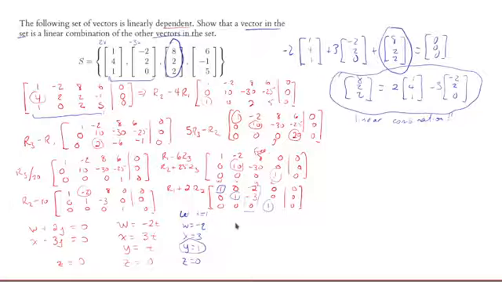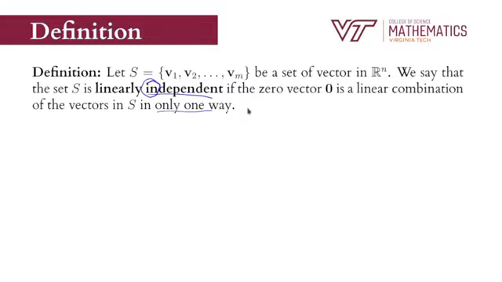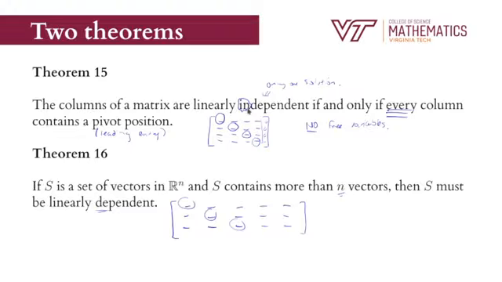That is because there's no way I can have a leading entry in all 4 columns in a matrix like that. So even without doing any of this row reduction, I could have told you that the set was linearly dependent just by looking. And now you can too. Any set of vectors that is wider than it is tall has to be a linearly dependent set.